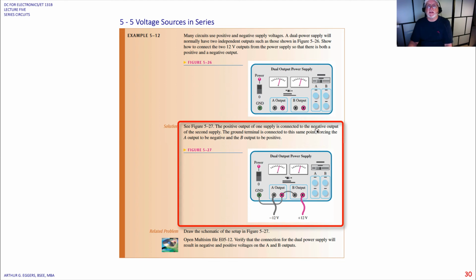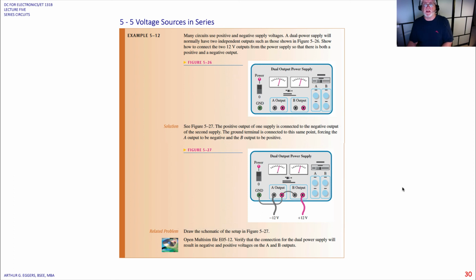It's connected from the positive to the negative output of the second supply. The ground terminal is then connected at the same point. So you can see we've got a ground from the output here to the ground there. You'll see some of these things in the lab if you have to tie a power supply together.